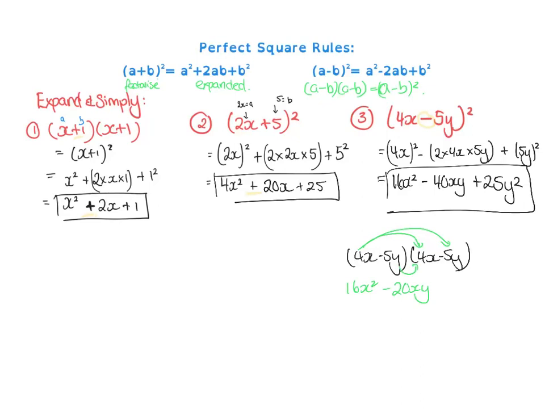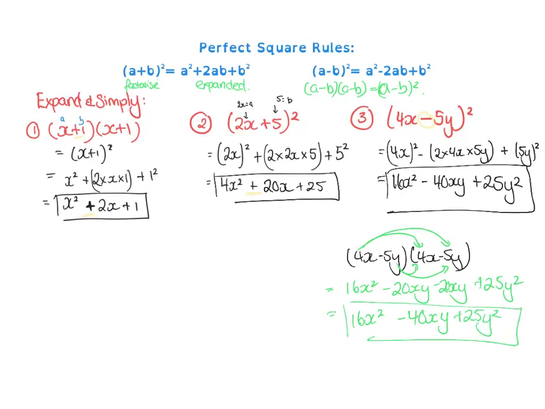Then I would have done this one, there's another 20xy, and then it would have been plus 25y squared. Then I would have grouped the like terms, and you would have seen that we get the same answer. So we're trying to teach you the patterns so that you can get there quicker and you don't have to waste too much time, because this becomes just a small bit of bigger problems later on.